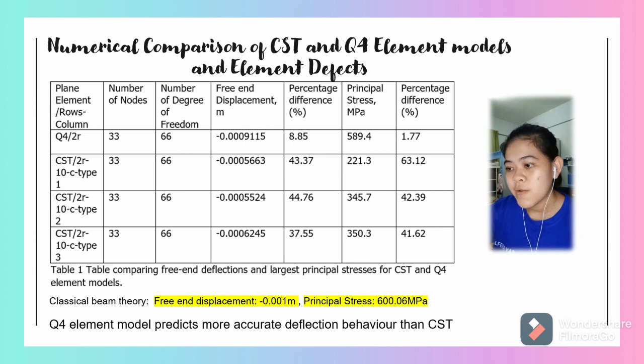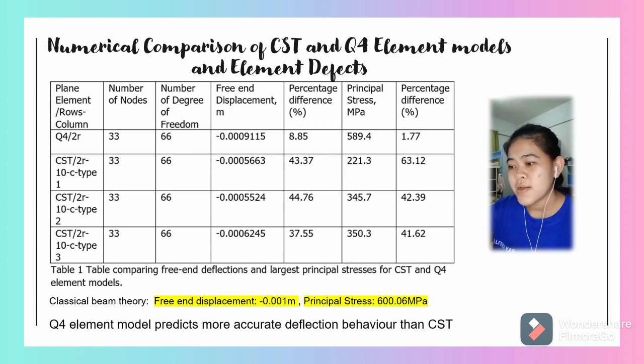And comparing between the CSTs only, it can be seen that CST type 3 is the closest to the classical beam theory, because the percentage difference is quite smaller compared to the other two, CST type 1 and type 2.